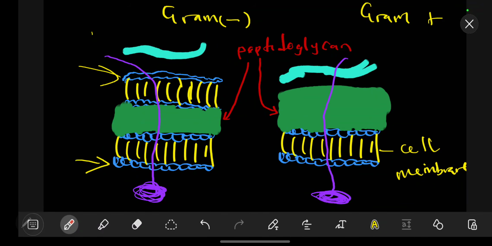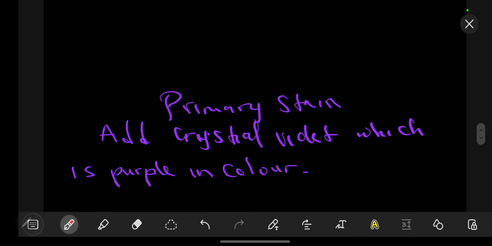After you have added your primary stain, what you will add is what we call the mordant. The mordant is orange in color and it is called iodine. The iodine is added to form a complex called a mordant.